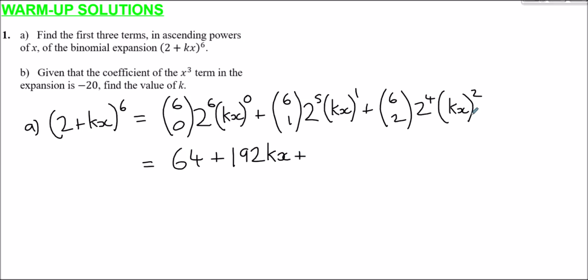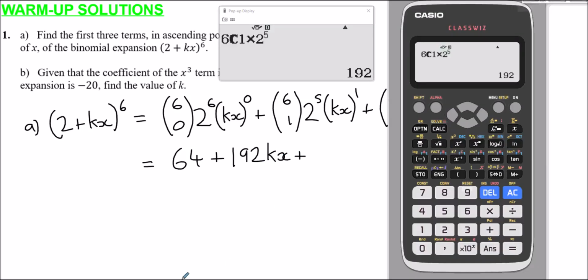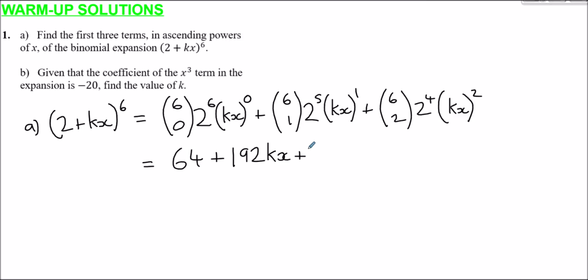And the third term we need to work out, 6 choose 2, 2 to the power 4. We can save some time by going back and altering what we've got here. I'm going to change that 1 to a 2. We'll get 240. So that's 240k squared x squared. So those are the first 3 terms.